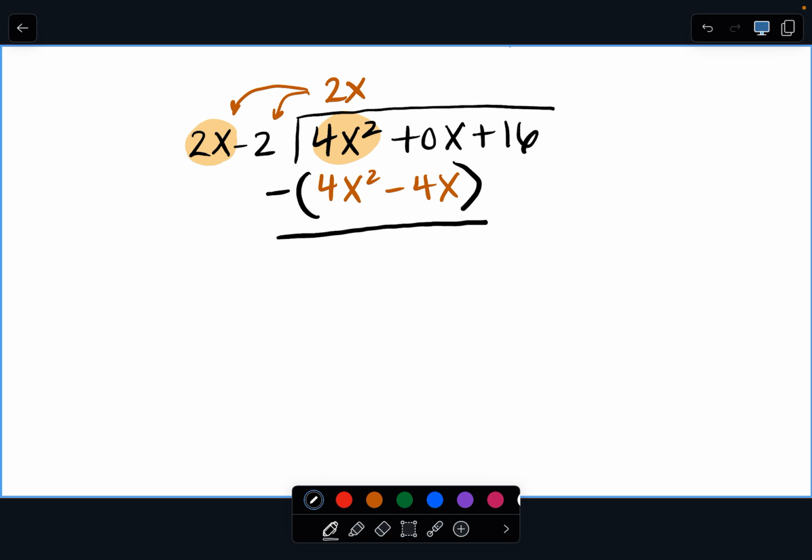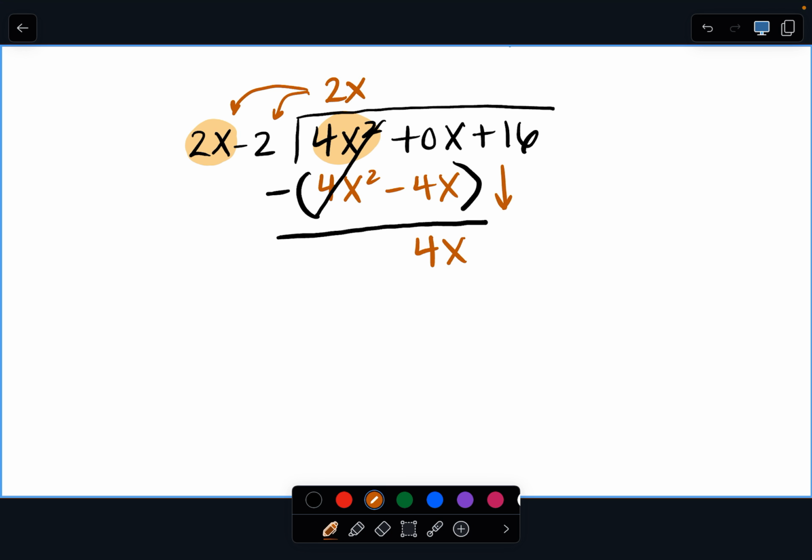Now, the first term should ideally always cancel. If you find that the first term is not canceling, either you picked the wrong number at the top or you multiplied incorrectly, but it should cancel out. So this 4x squared minus 4x squared, those are going to just go away. They cancel out. That's the goal. Then I have 0x minus negative 4x. 2 negatives make a positive. So if I combine those two things together, I get positive 4x.